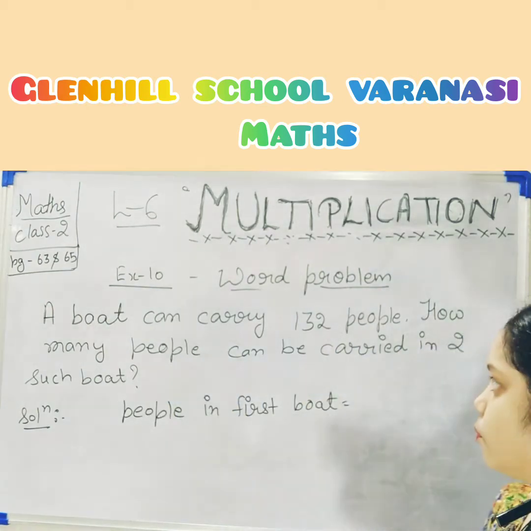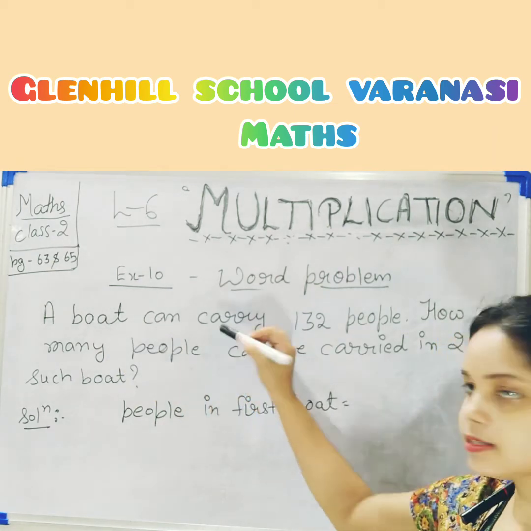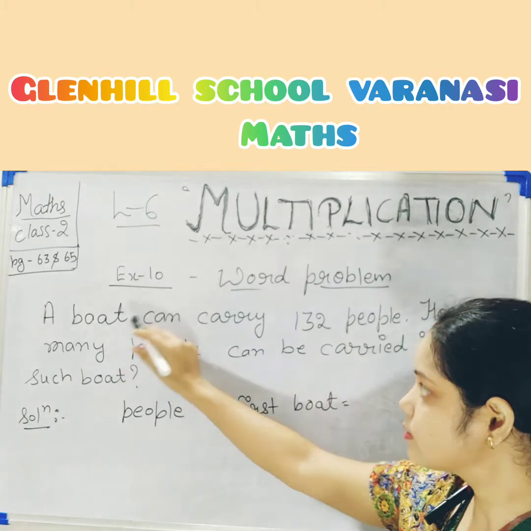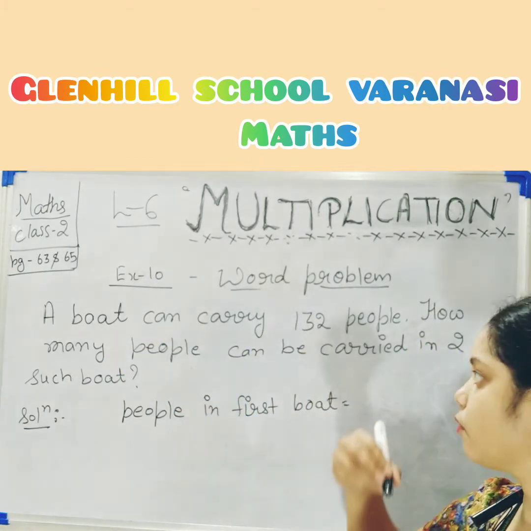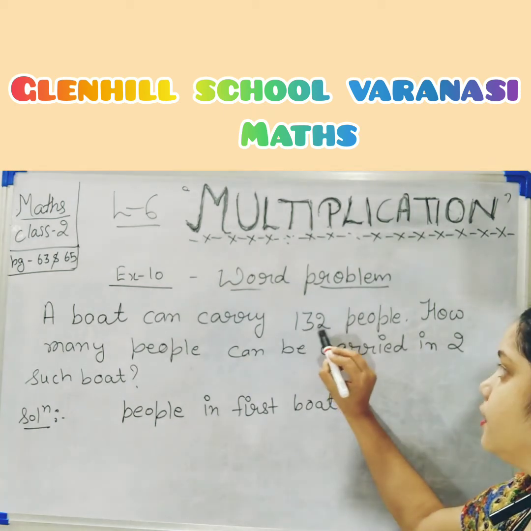Okay, one single boat is given, and carry means to take from one place to another place. The boat is carrying people from one place to another, but how many people? 132 people.